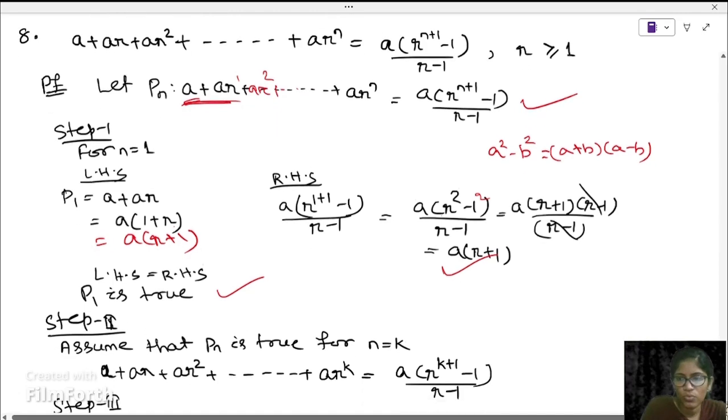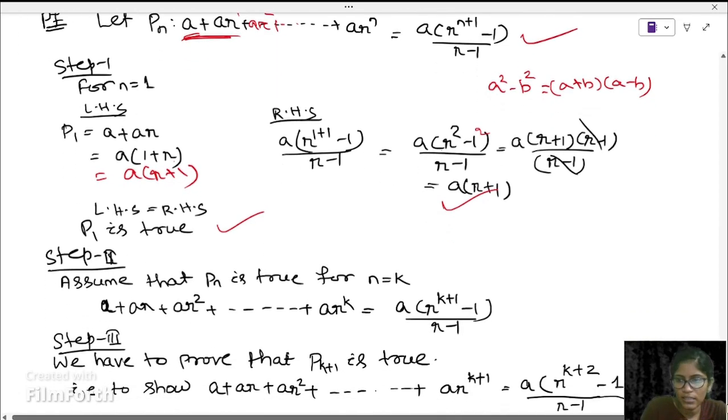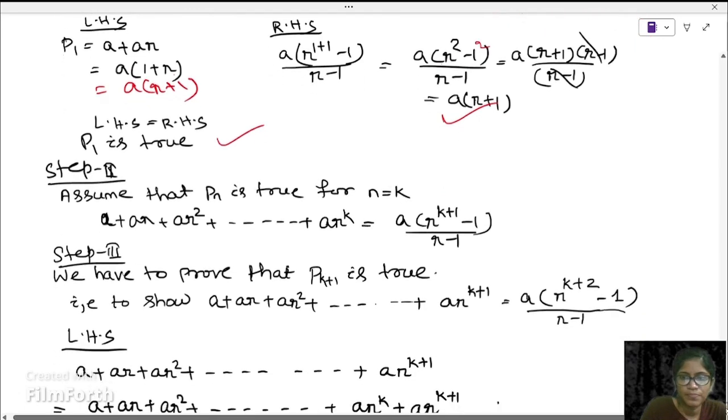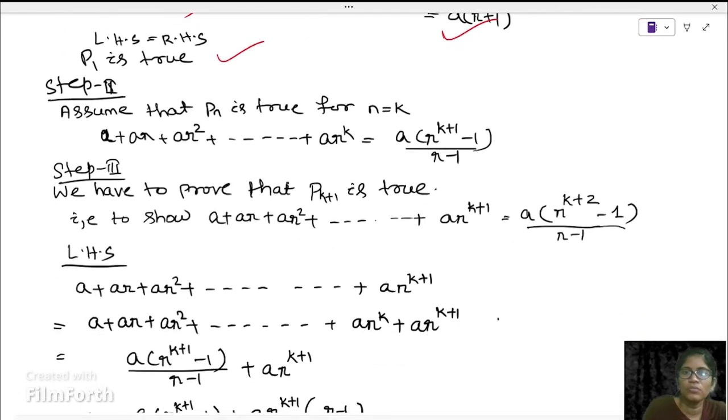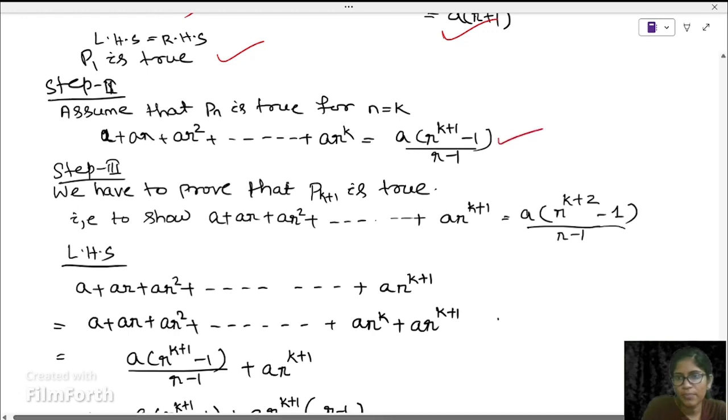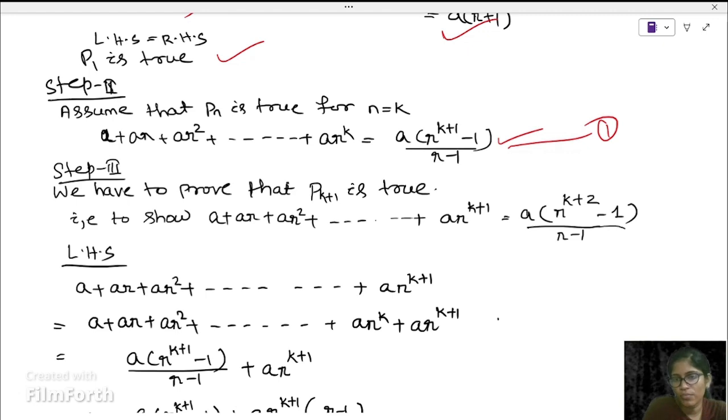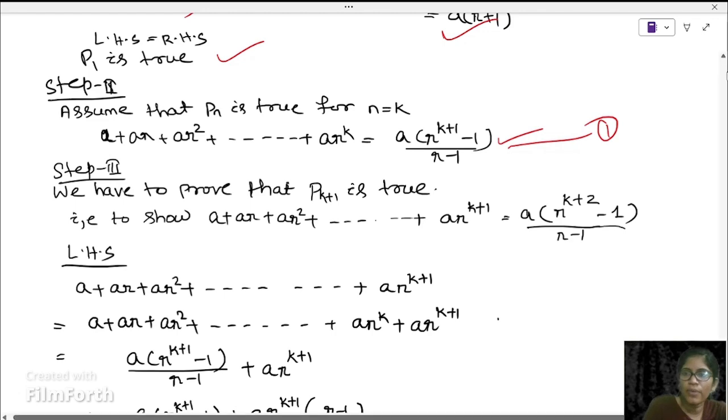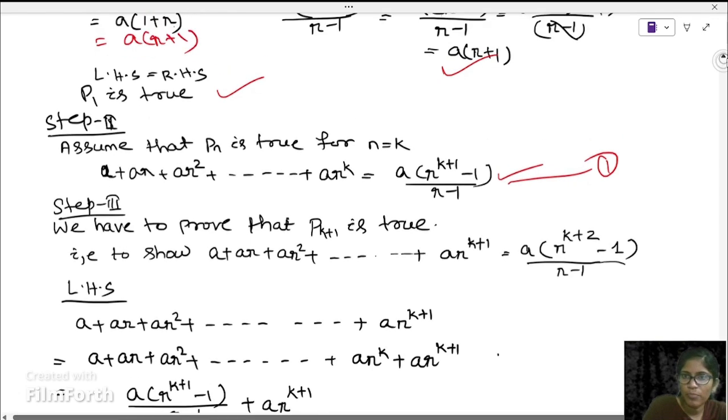Step 2, assume that Pk is true. Okay, this is our Pk value. Now, by step 3, a plus ar square plus up to a r to the power k plus 1. That means in place of n, we will put k plus 1.